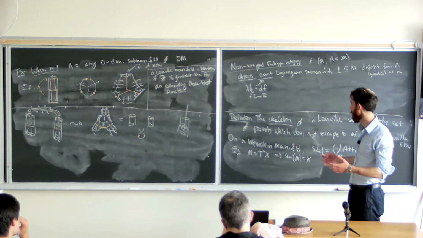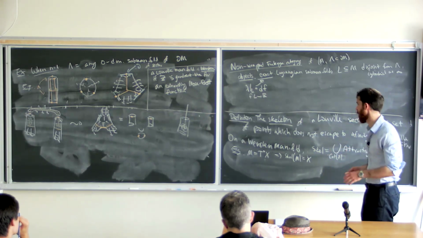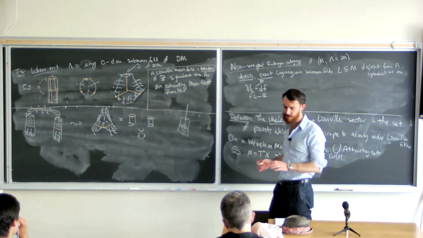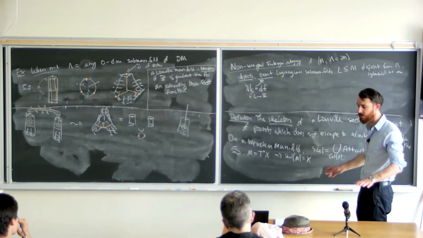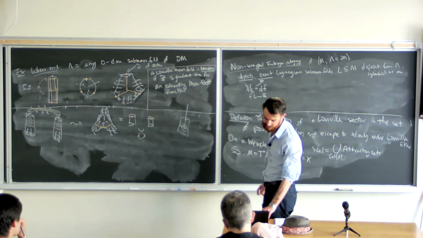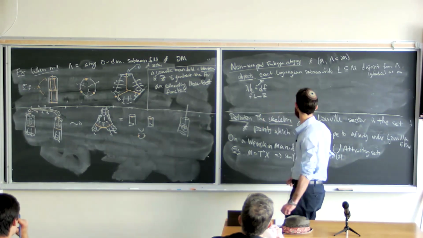The Fukaya category is famous for involving counts of holomorphic disks, and you have to be very careful about the areas of those disks. So long as you consider exact Lagrangians in an exact symplectic manifold, you can completely ignore all information about the areas of those disks. So that's what makes this thing very tractable.